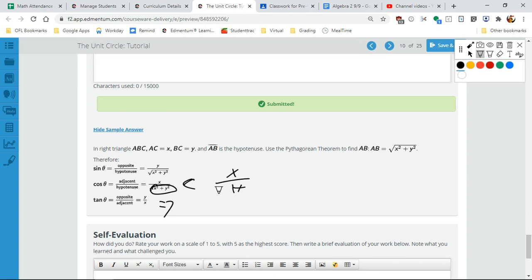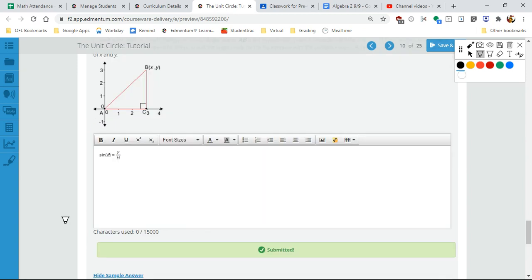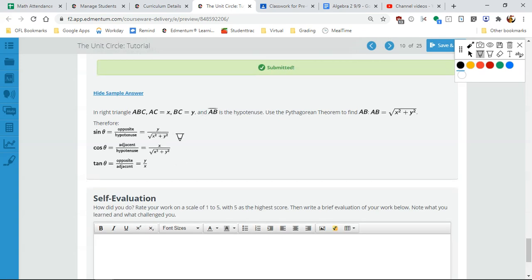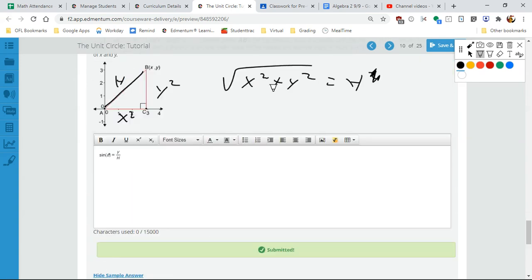It's not that bad because this is our hypotenuse and it's just x squared plus y squared equals h squared. How do you get rid of the squared? You just put a square root over it. That's how they got this. That's all they did.